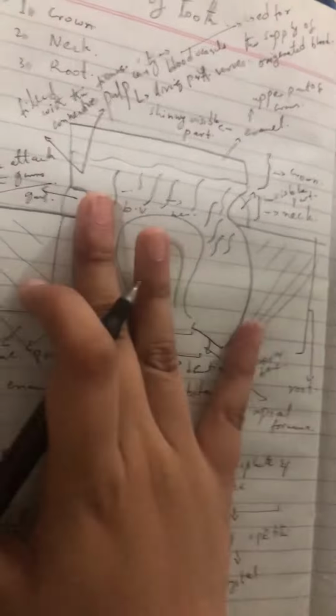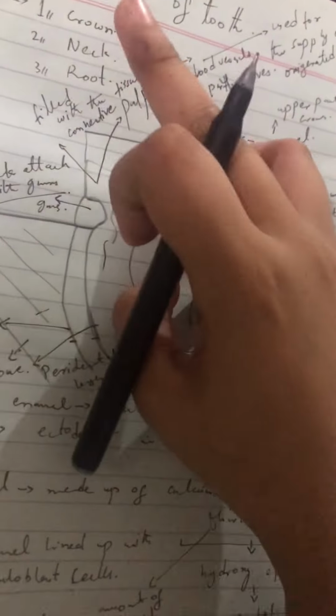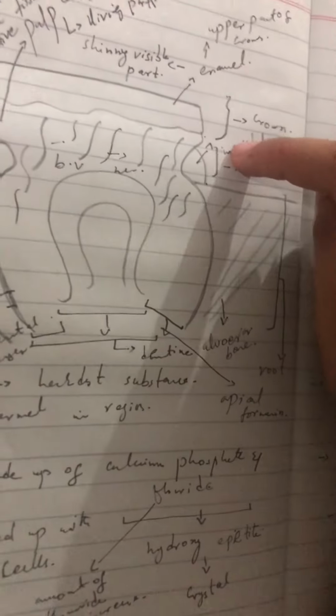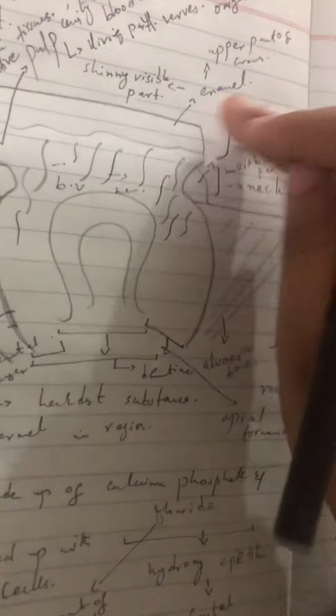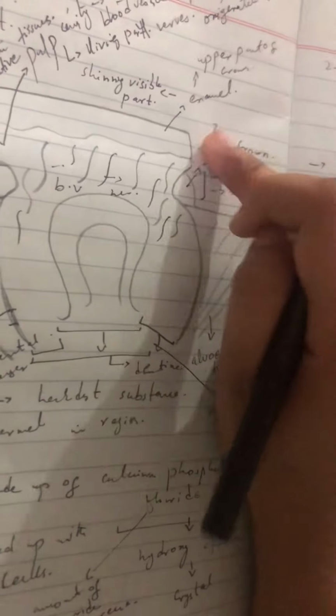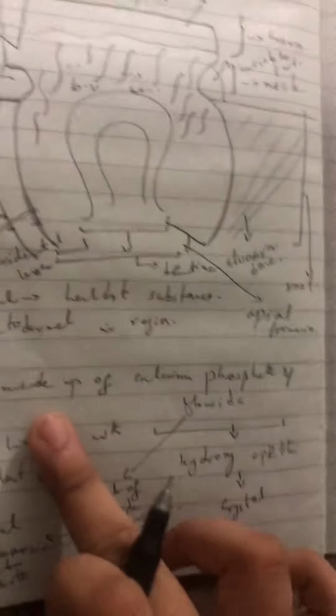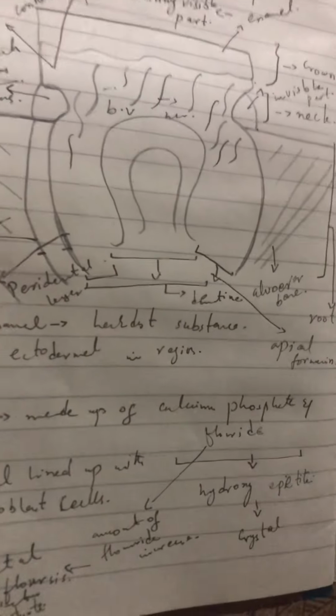First of all, we will review what this was. We are having three parts: crown, neck and root. First we will talk about the crown. This region is called the crown, and the upper region of the crown is called the enamel. Enamel is made up of calcium phosphate and fluoride.